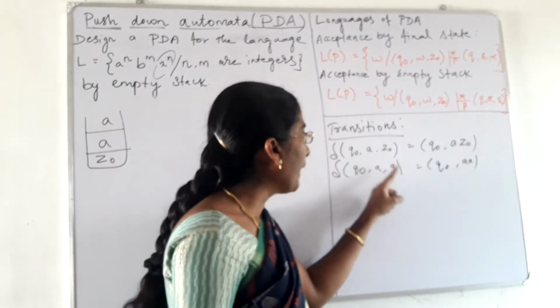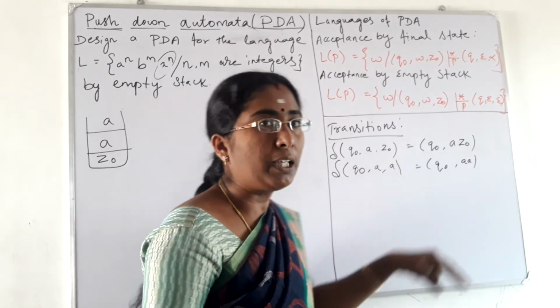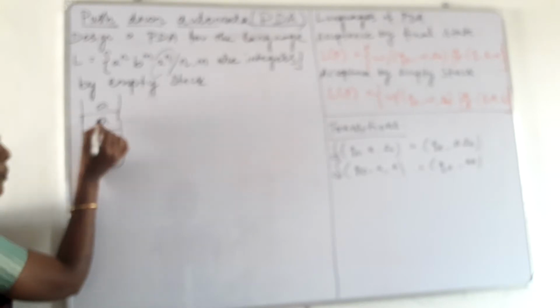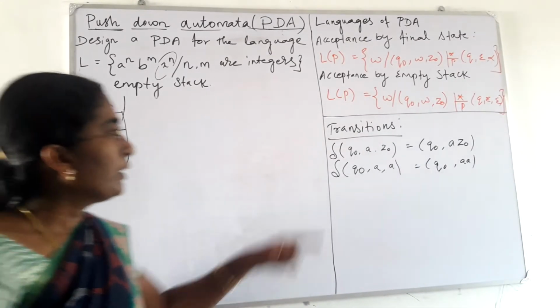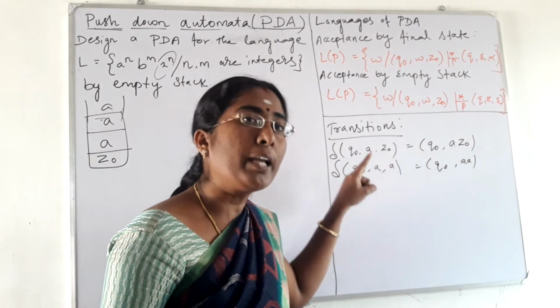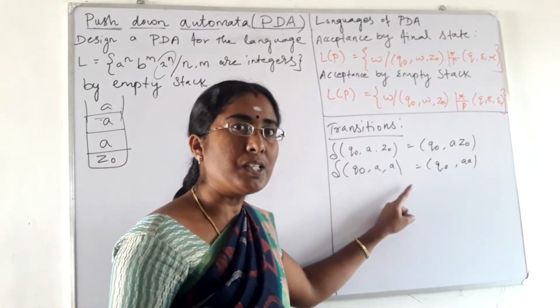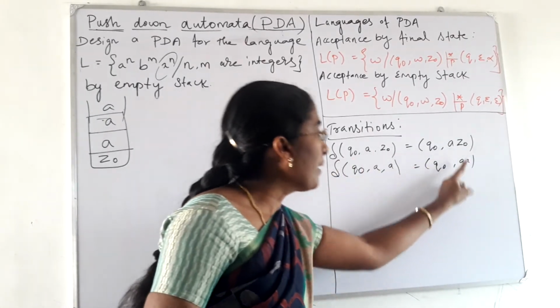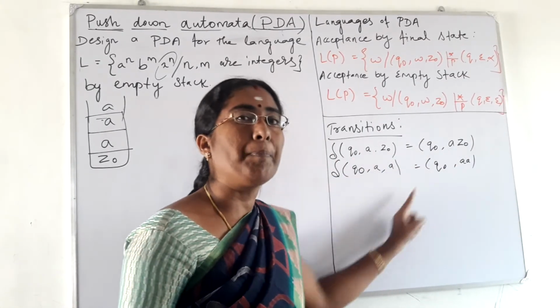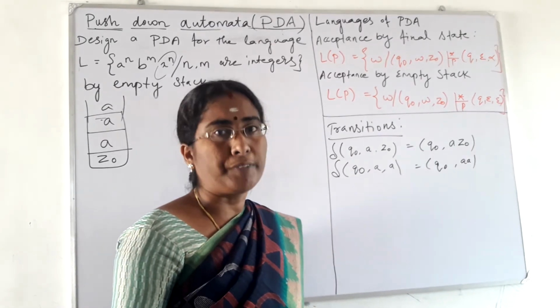For example, if you are reading the third A, here also the top of the stack is the same A. With A on top of the stack, if you are reading the symbol A, the transition is again that the A is pushed onto the stack. So this transition can be repeated for the number of A's.